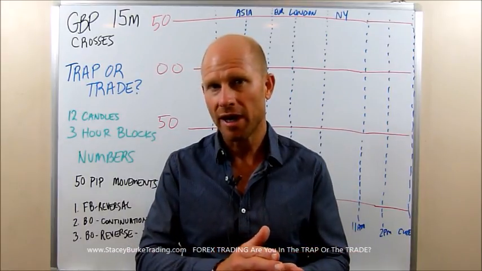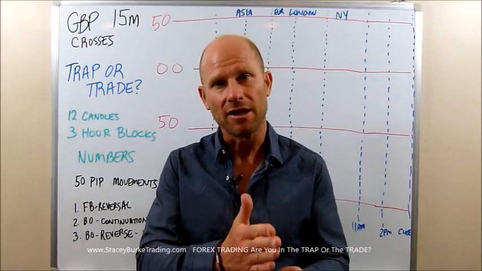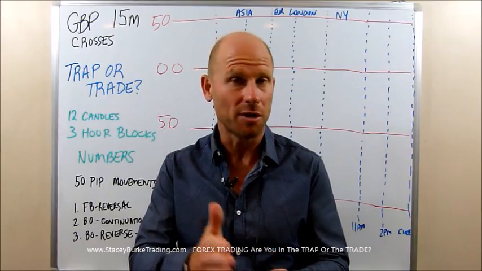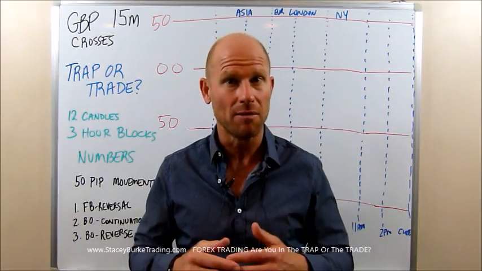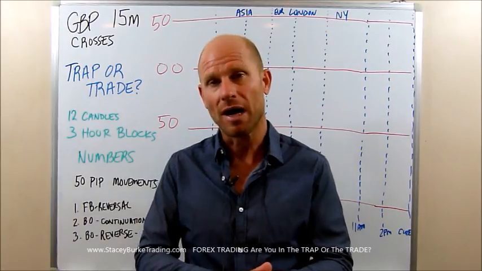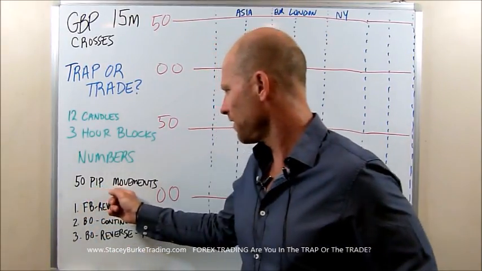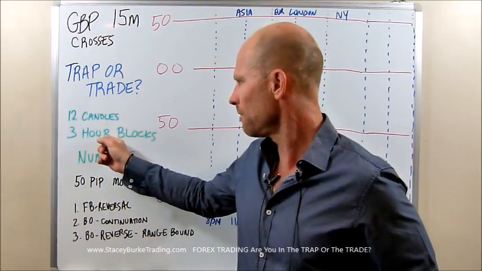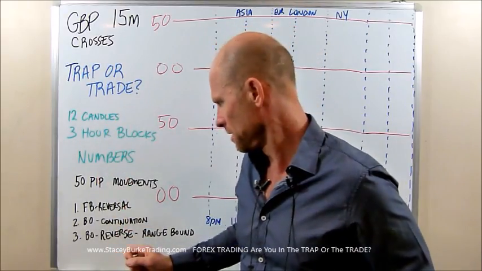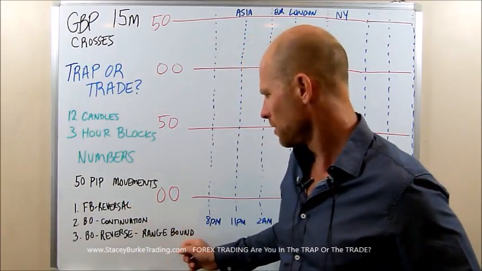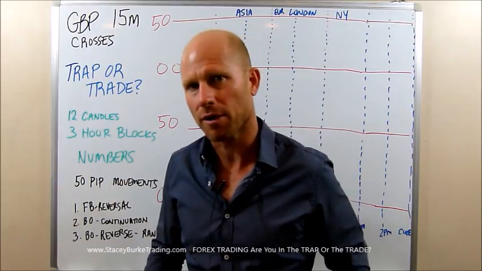If you're in a trade, if a certain amount of time has expired and you haven't seen that trade progress, how to recognize that you may be in a measured move or in the trap. Also, how we can look at 50 pip movements around numbers when these 3-hour blocks have painted to know if we're looking at a reversal, a continuation, or going back into a range-bound market.